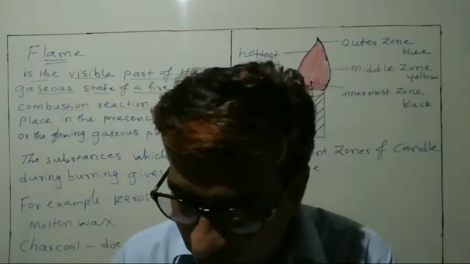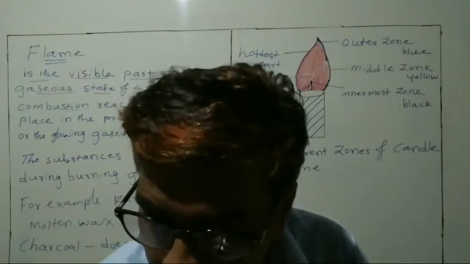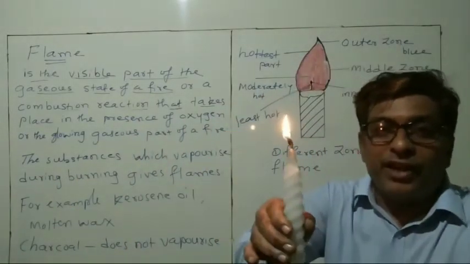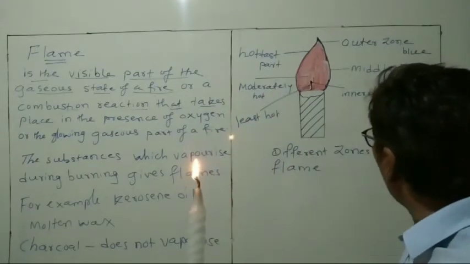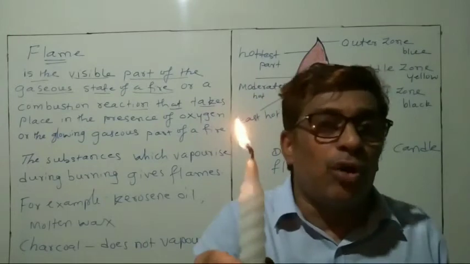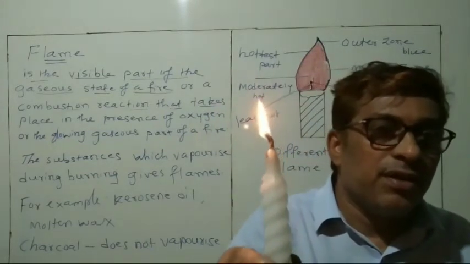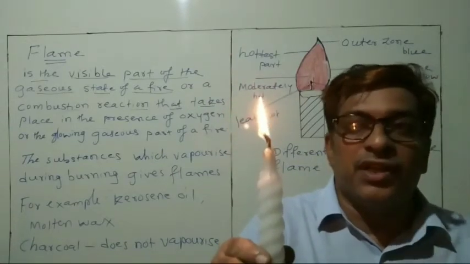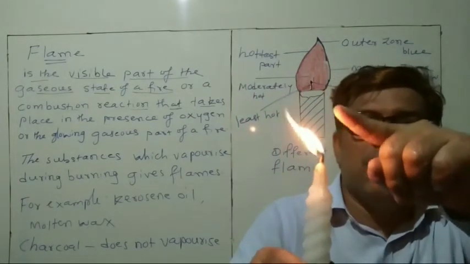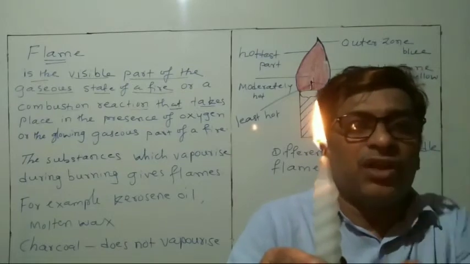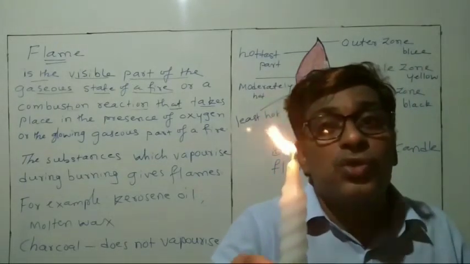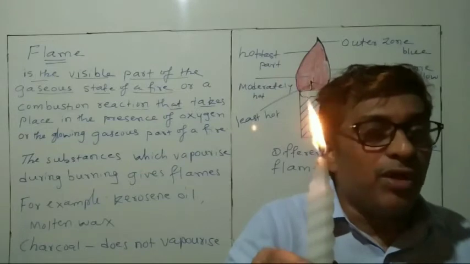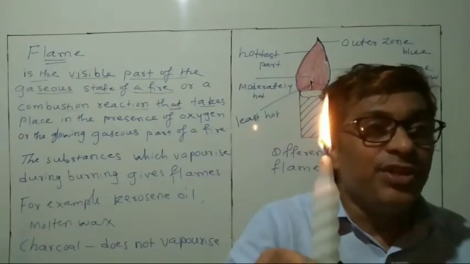Observe correctly. Here you see the outermost zone with a blue color. Constantly you have to look. We will observe three zones, dear students. At home also you can observe these three zones.